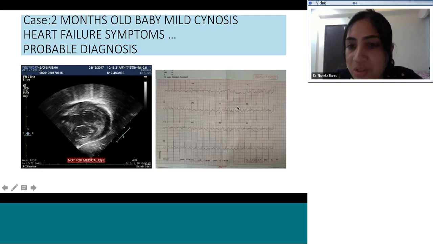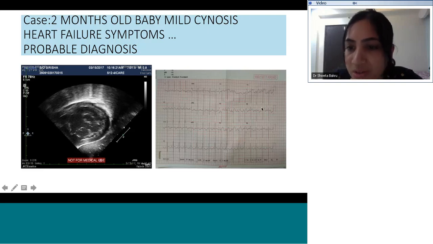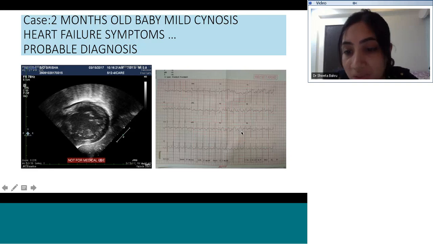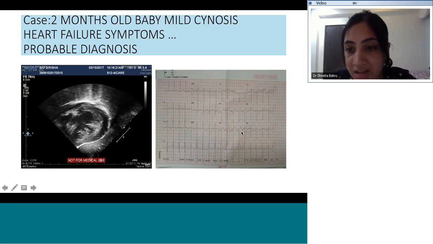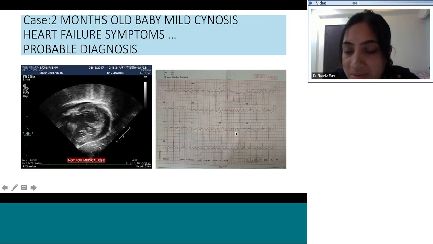Okay, very good. So I agree that on ECG there is left axis deviation, there is minimal cyanosis and there is CCF. But is the echo supportive of tricuspid atresia? Amitos says that it is common AV canal. Okay, so Amitos, what is your supportive evidence?